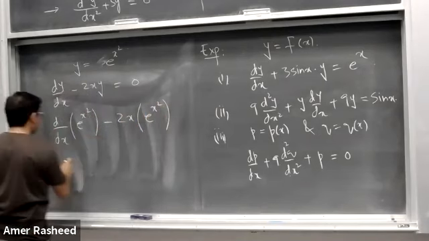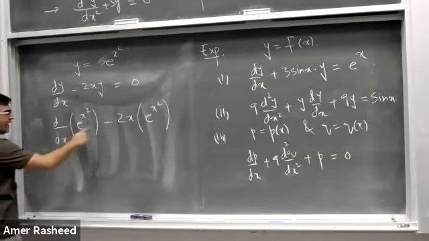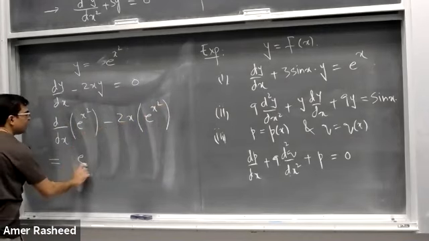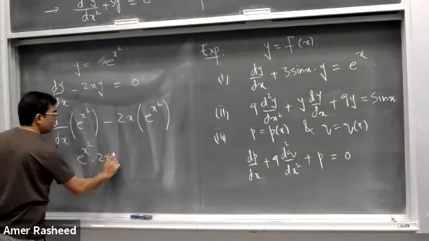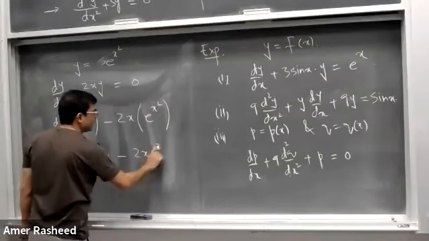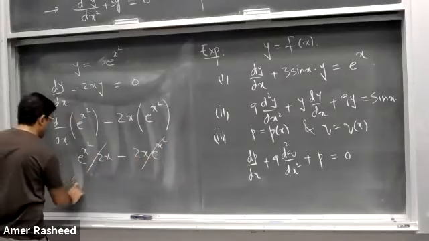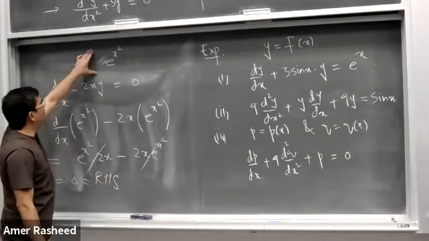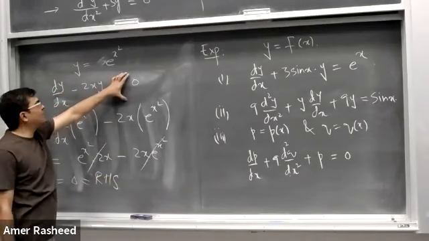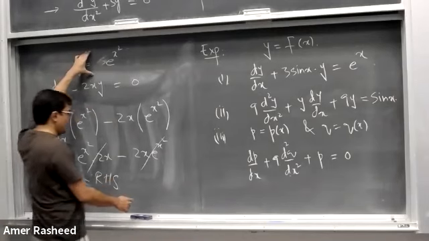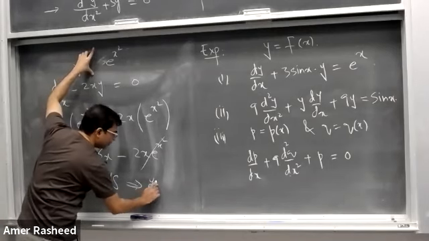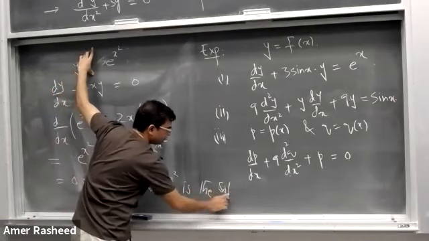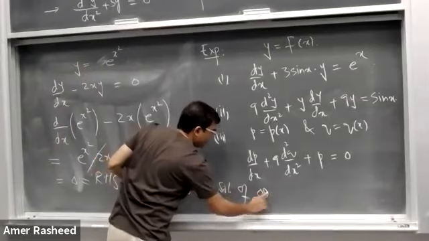Does this give us 0? It is e raised power x square into 2x minus 2x e raised power x square. It cancels, and you get the right hand side. It means this function satisfies this differential equation. This implies y is equal to e raised power x squared is the solution of the given ODE.